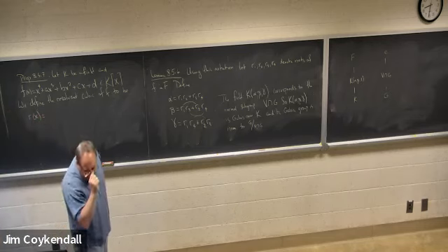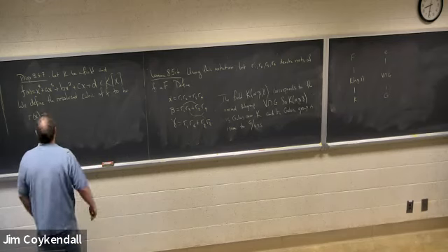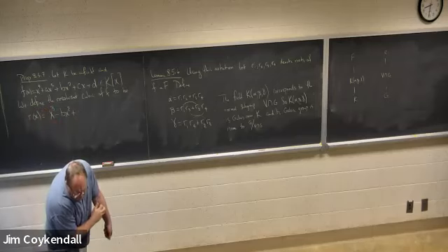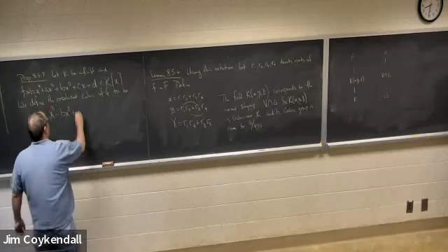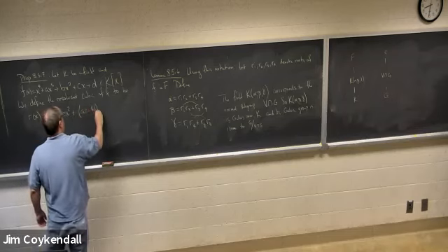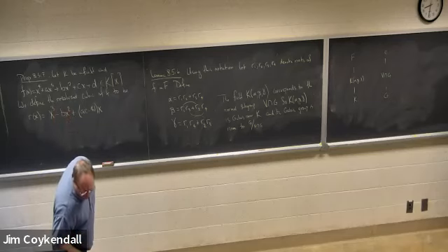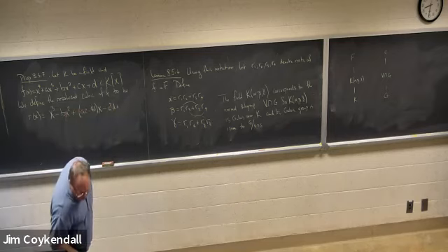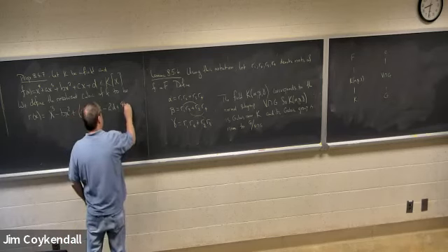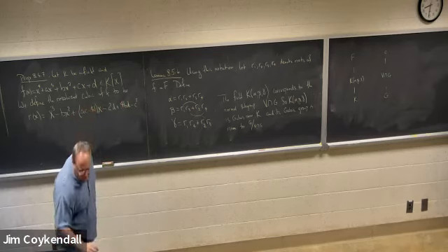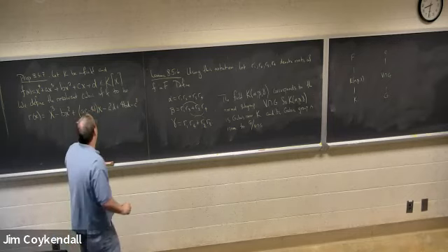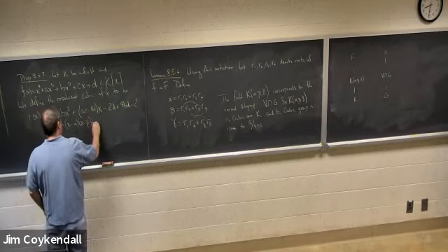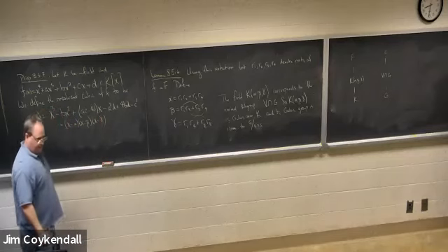So the resolving cubic is x cubed, plus AC minus 4D x, minus A squared D, plus 4BD, and this is actually equal to the product over the three quantities.